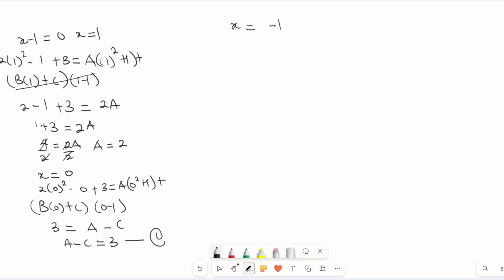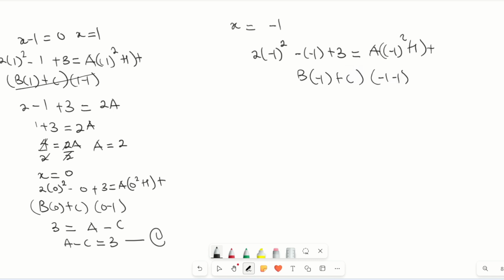In the case of x equal to -1, we have 2 multiplying (-1) all squared, minus (-1) plus 3, equal to a times (-1) all squared plus 1, plus b times (-1) plus c, multiplying the expression -1 minus 1.